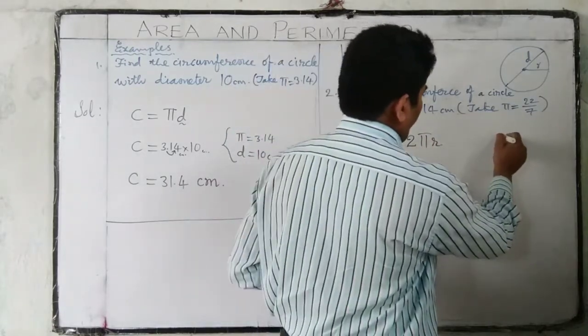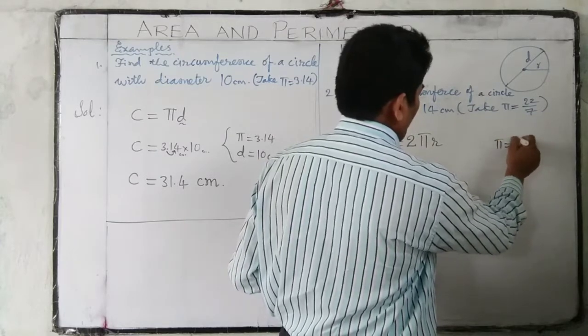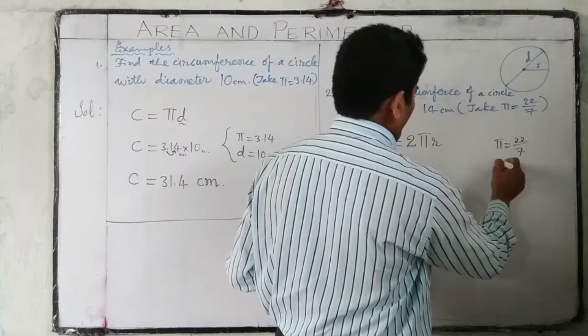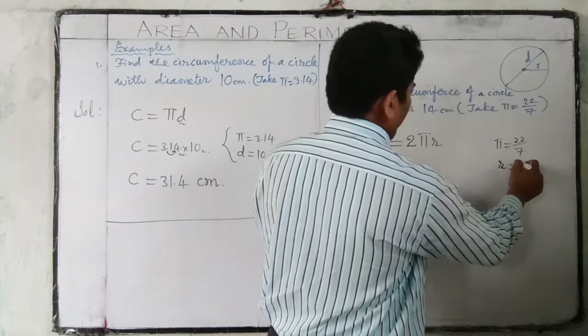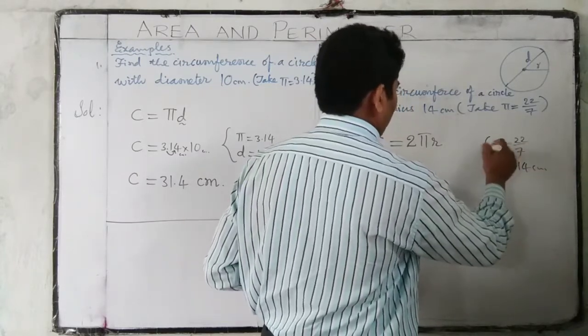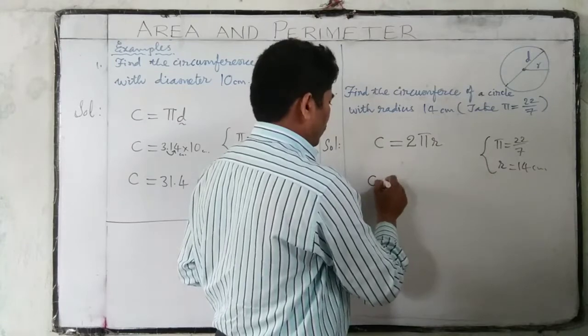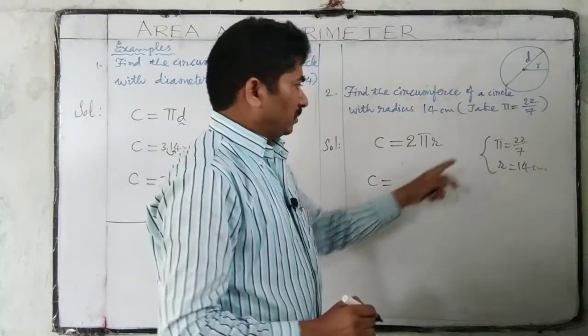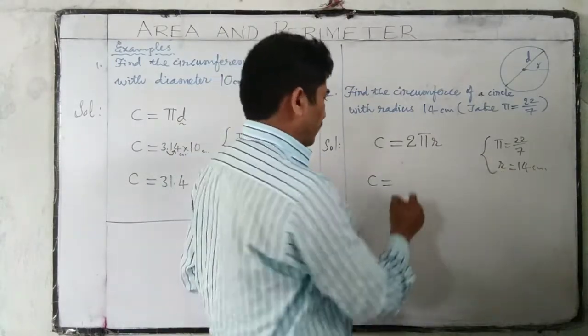Here given pi is equal to 22/7 and r is equal to 14 centimeters. So these are given, so we have to substitute these given values in this formula.